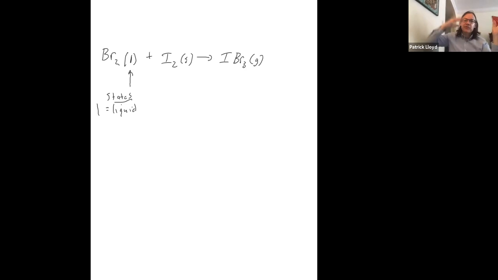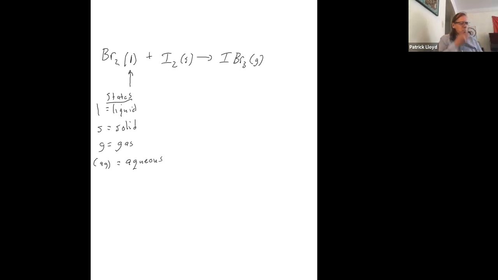Because it turns out things react differently if they're solids, liquids, or gases. Sometimes they won't react unless they're a particular state, but it tells you some information about it. S is solid, so that's telling you it's a solid. And then G is telling you it's a gas. We'll see one more in the next chapter, which is AQ, which is aqueous.